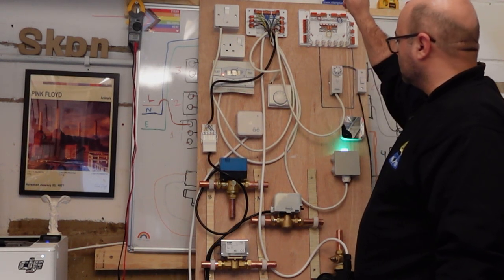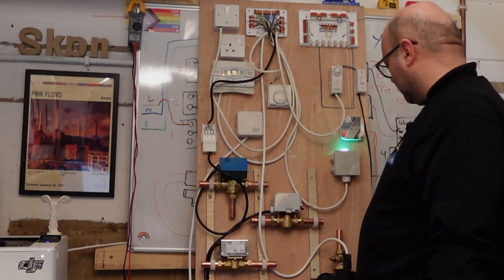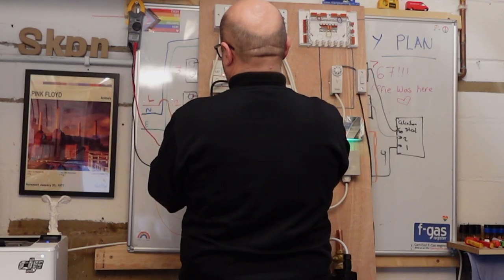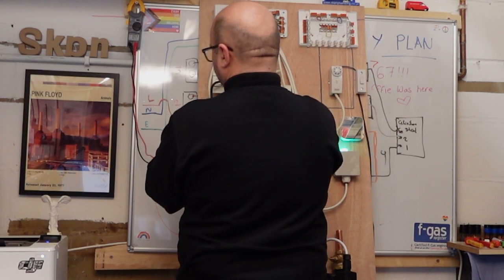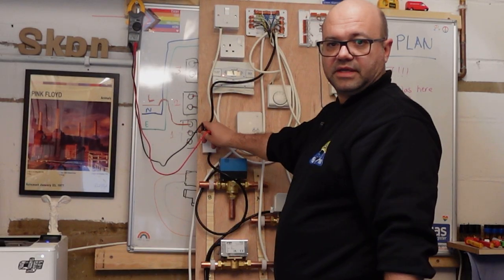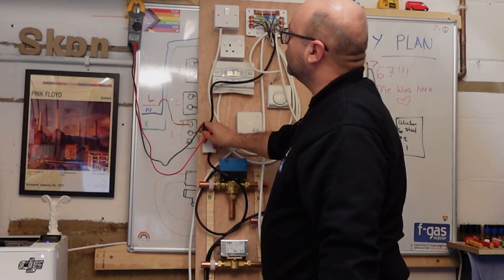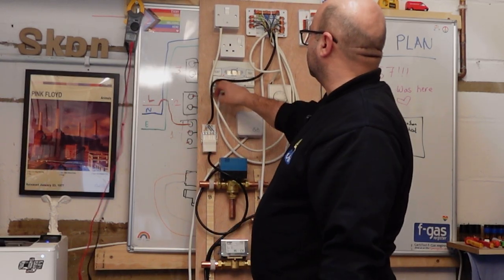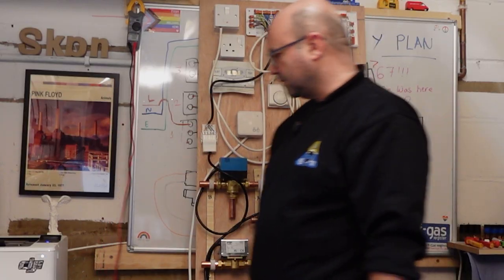Put it on the maximum. So yes, we call now for hot water. Again, between neutral and orange. I'm not sure if you can see it on the camera now, guys, but we have 243 volts, which is good. So the first test passed successfully.